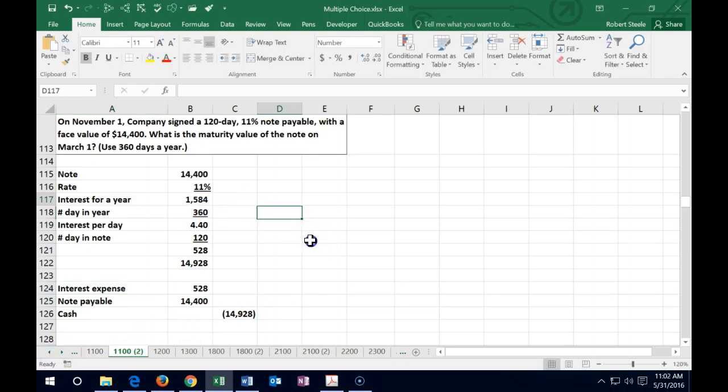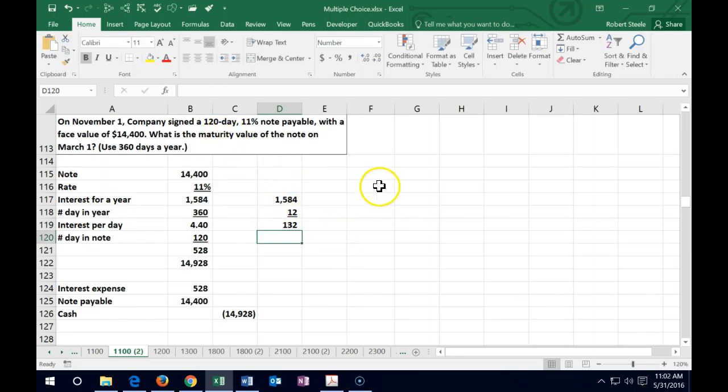Also want to note the alternative type of calculation you could have over here rather than by days. Remember, we had the interest 1584 for a year here, and then we divided it by 360 days. Well, what if we divided it by 12 months and had it as a monthly total? Then we can say, okay, it's the 1584 divided by the 12 months, and then we're going to multiply it times how many months?